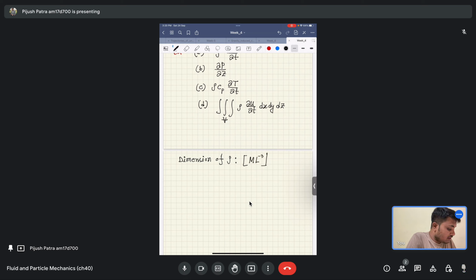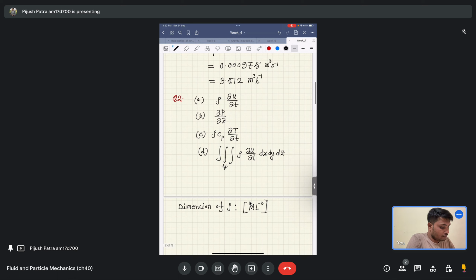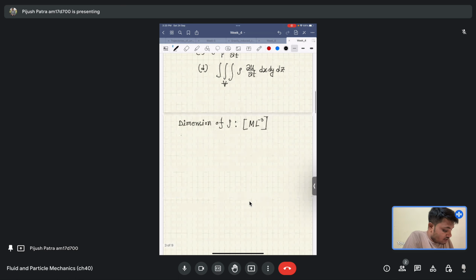Am I right? Dimension of velocity is meter per second, L t to the power minus 1.